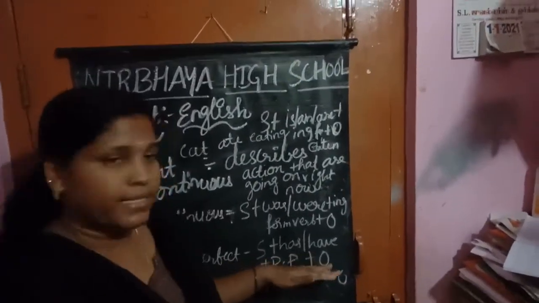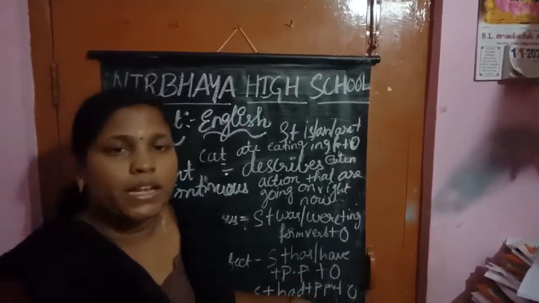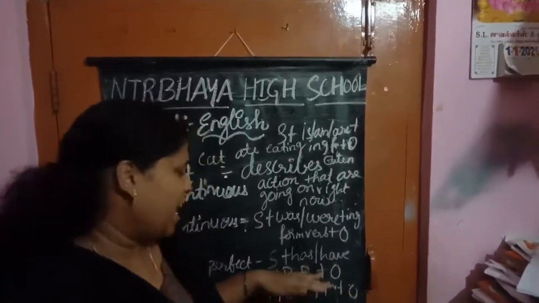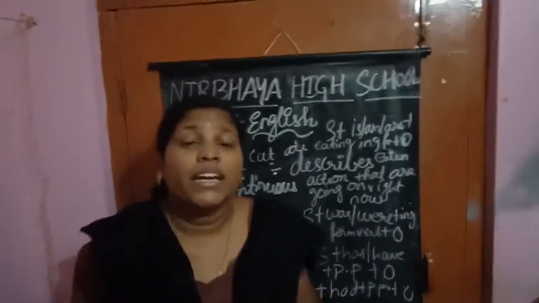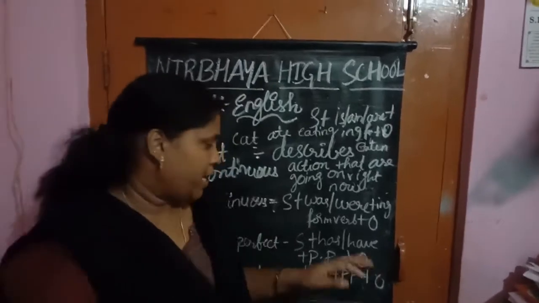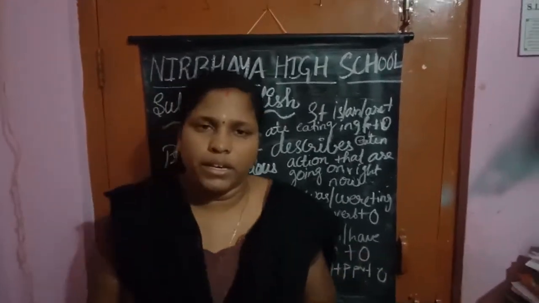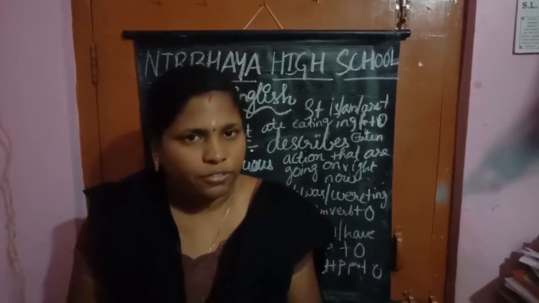She has or she have? She has just eaten an omelette. Okay, children. She has eaten an idli. You can tell here, eaten is the past participle of the verb.